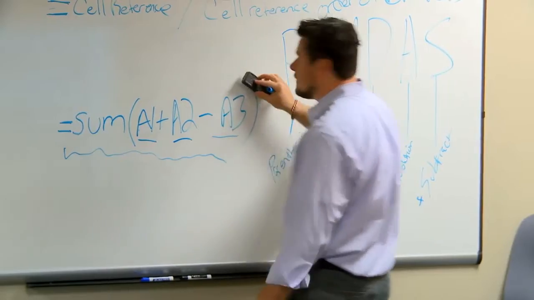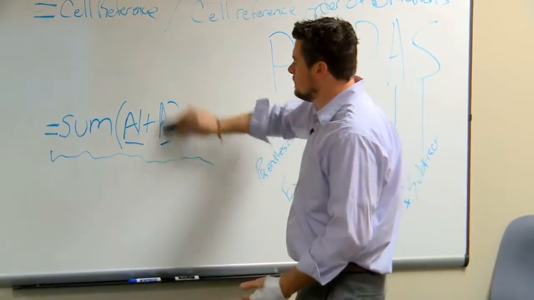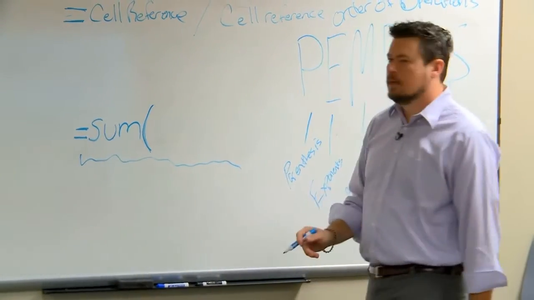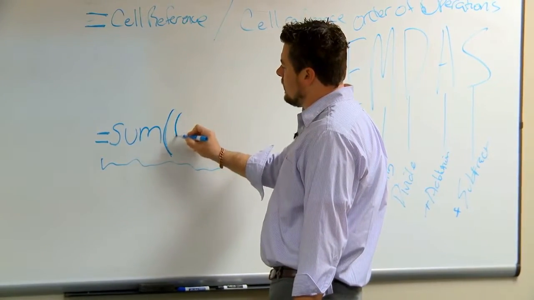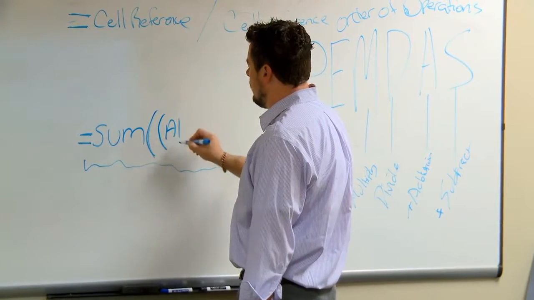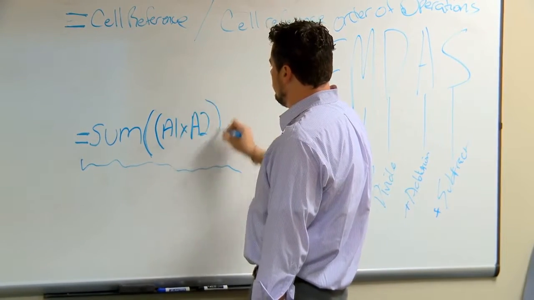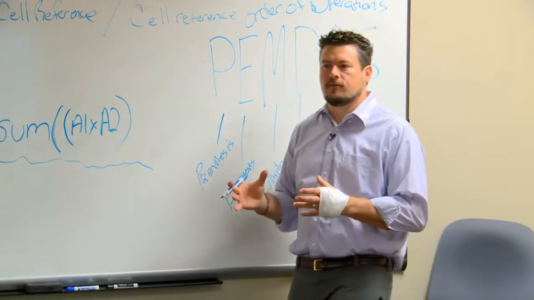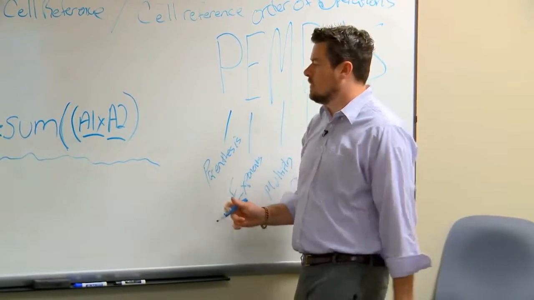But if we want to make this a little bit more elaborate formula, and we want to use multiple parentheses and multiple formulas, we can state, I've got my first parentheses, I'm going to make another sub parentheses in here, and then do A1 times A2, in that with another parentheses. So now I'm saying to the formula, I need to do A1 times A2 before I do anything else.